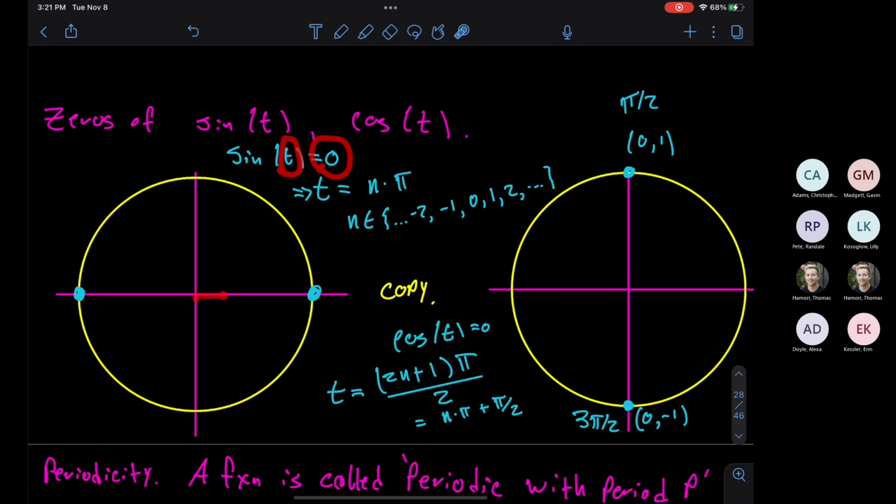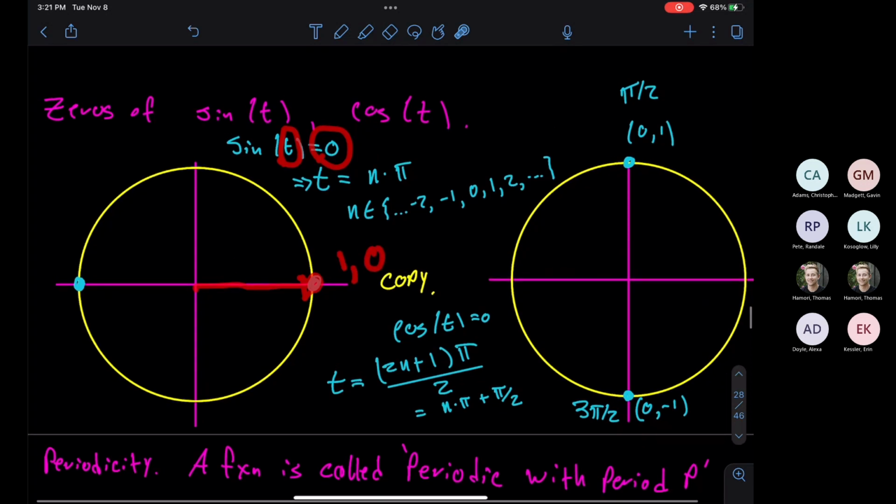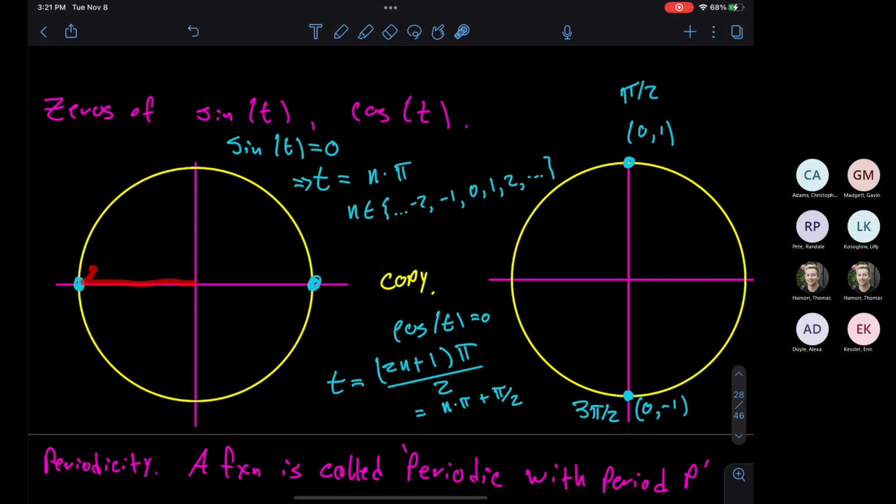It must point either straight to the right, because this is one of the 2 points with height 0, the point (1, 0), or the angle t must point directly to the left, because that would be the other point with y-coordinate 0.